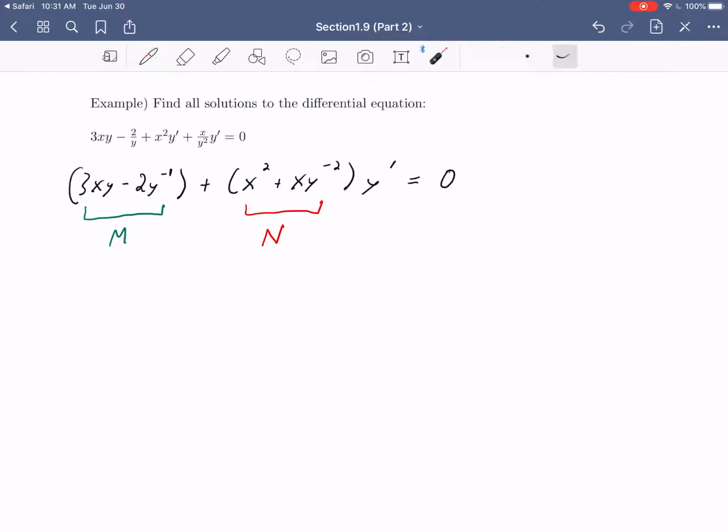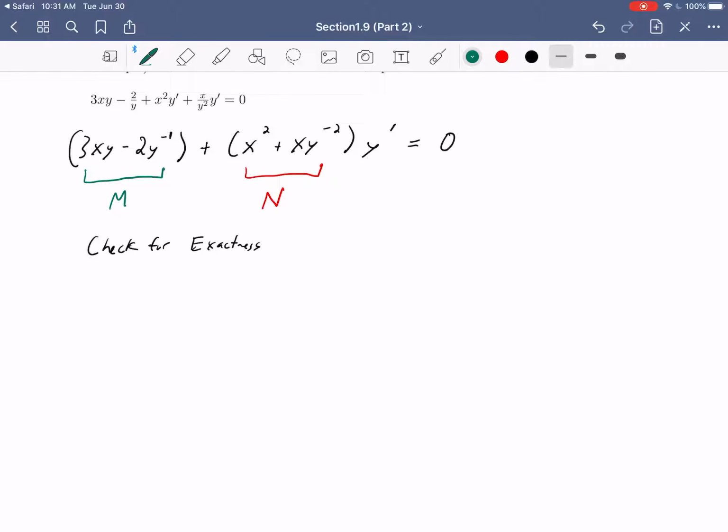Now, at this point, obviously in a random problem, we have no idea if it is going to be exact or not, so we need to do our check for exactness. So we'd have to take our my. Let's go ahead and calculate the partial with respect to y here. If we do that, we should get 3x plus 2y to the negative 2.